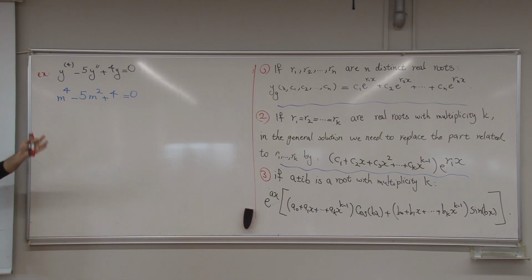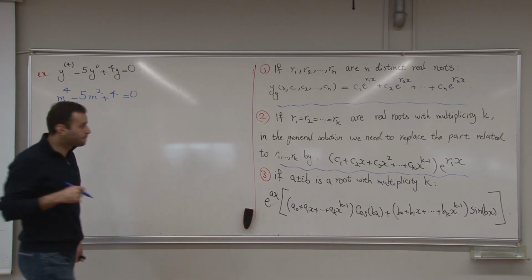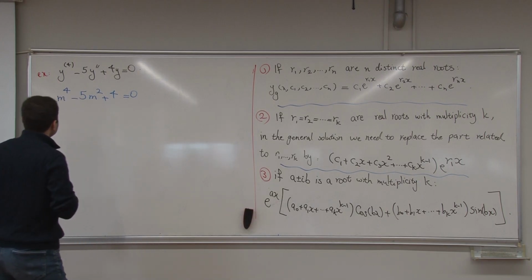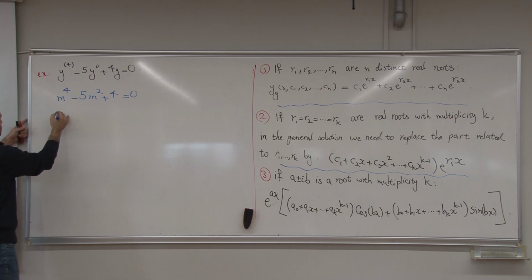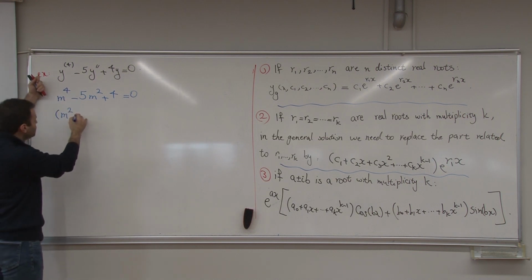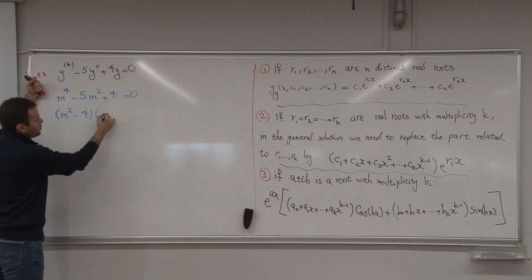Can you please find the roots of this fourth degree polynomial equation? m squared minus 4, m squared minus 1. m squared minus 4, m squared minus 1.